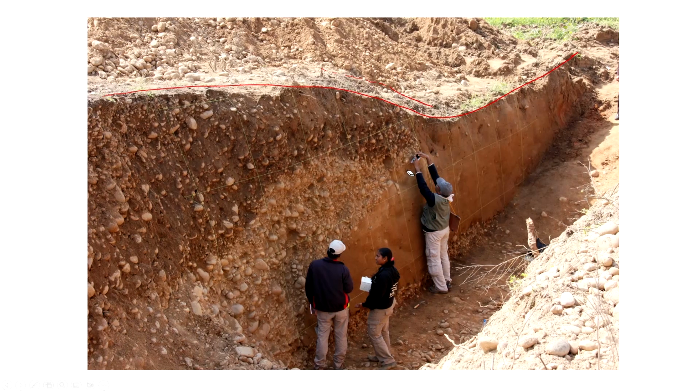If you can see here, there is a gravel which comes here, and then it goes like this. This is the amount of displacement you have, so you can calculate the slip from this. This is what we call the net slip.